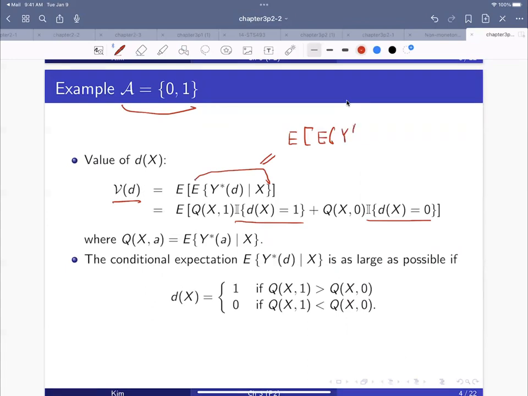We can actually write it as Y*(1) given d(x) equal to 1, plus Y*(0) given d(x) equal to 0, right?